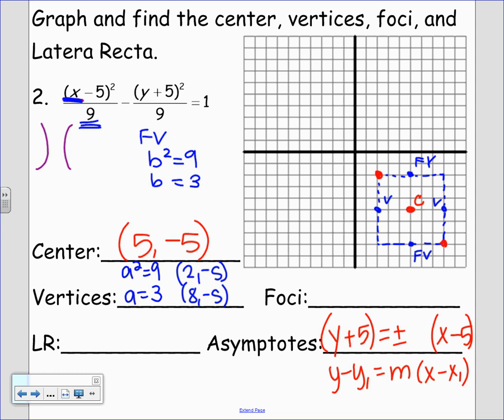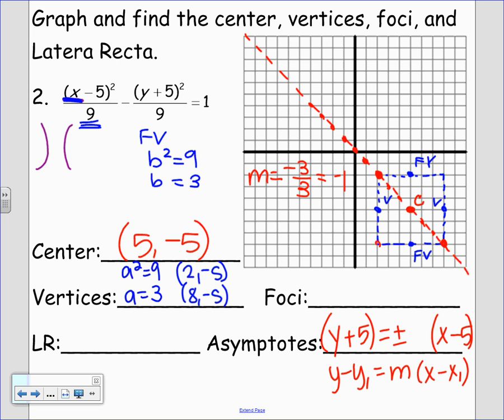Corner, center, corner, down 3 over 3. Sorry, I misspoke. Down 3 over 3, that's just -1. So when you talk about your asymptote here, look at all these points. They just go straight through all of that stuff. Your slope is -1 here.